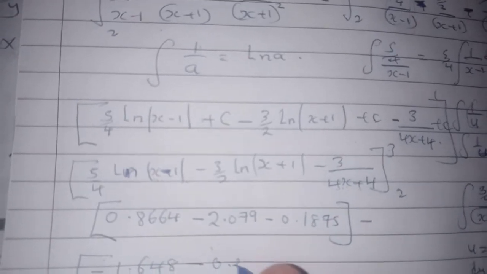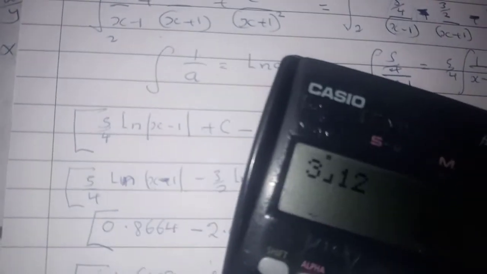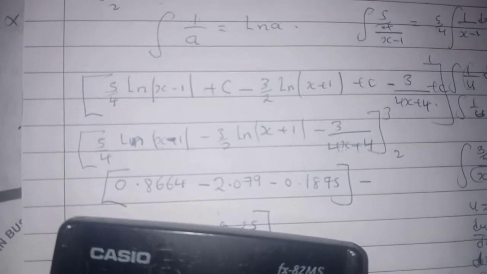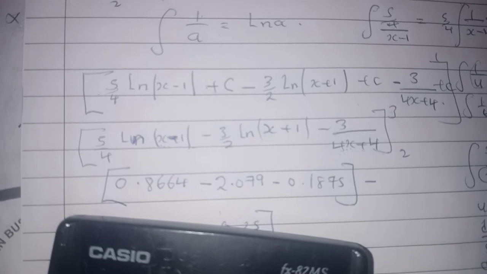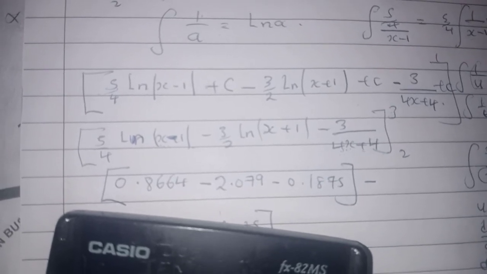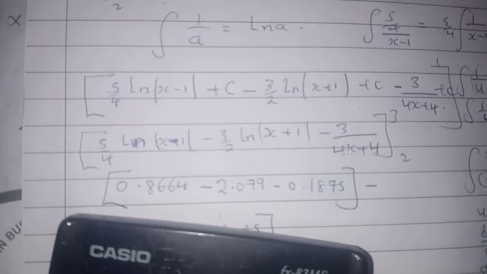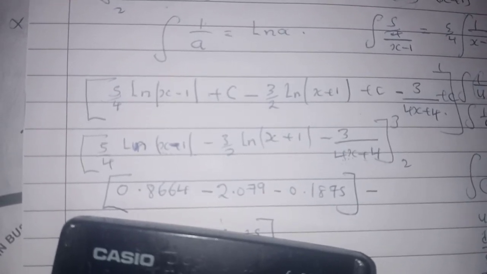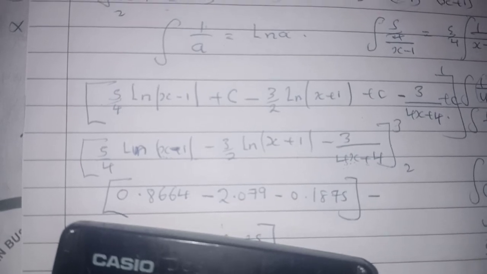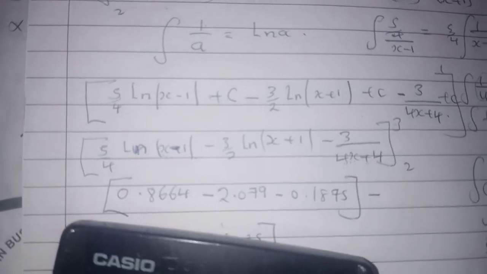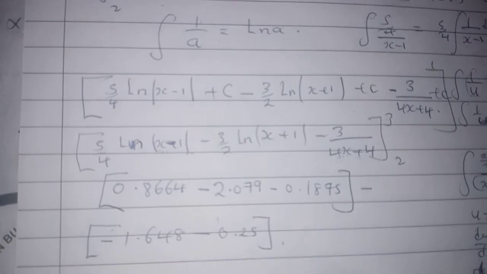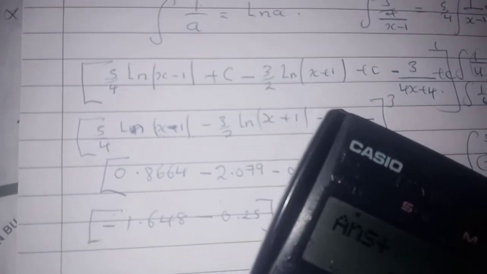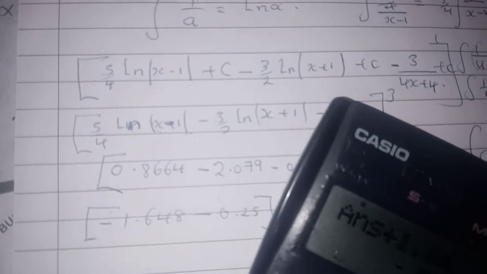So let's put this value in our calculator and come up with the answer. 0.8664 minus 2.079 and minus 0.1875. The answer is minus 4.00. Then, but minus becomes plus, so plus 1.648, which equals to what?